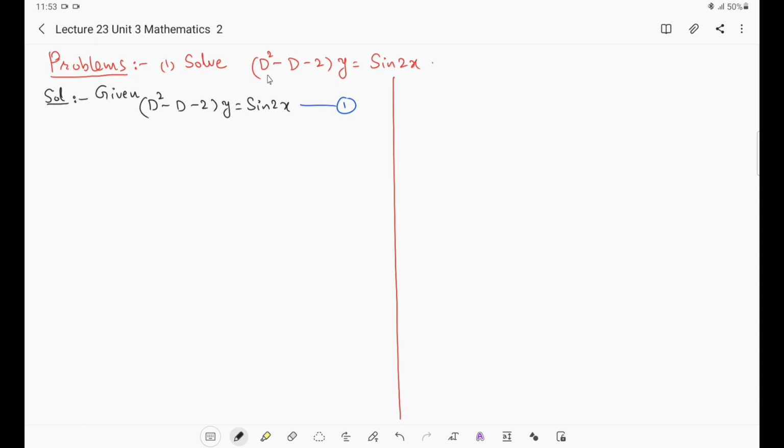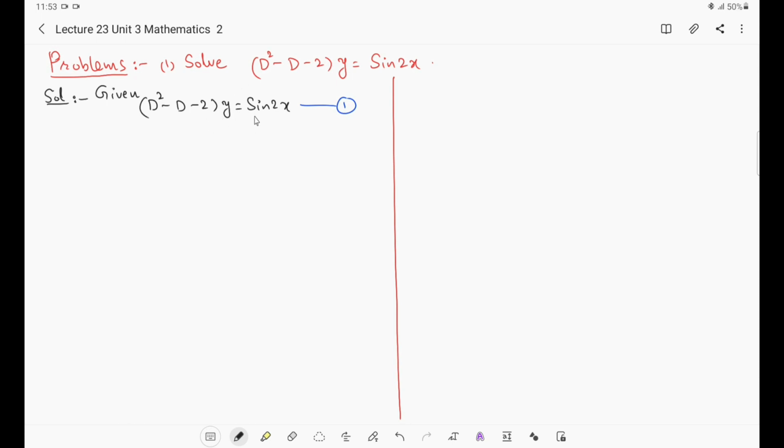For unit 2, the differential equations will be of first order. If the differential equation is of higher order, then the problem is related to third unit.